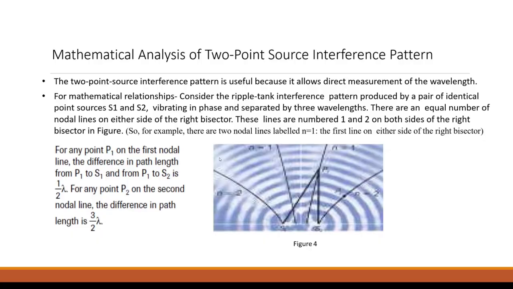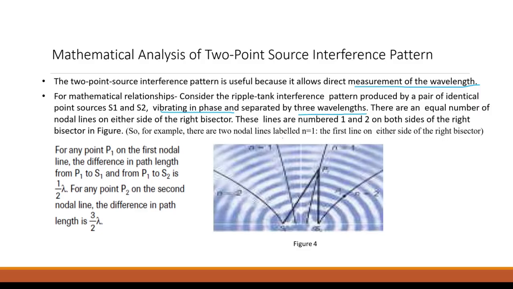So the math in these kinds of scenarios tells us a lot of extra information. It's useful because it allows us to measure the wavelength. So consider a ripple tank interference pattern produced by a pair of sources S1 and S2. We're going to say they're vibrating in phase and separated by 3 wavelengths.